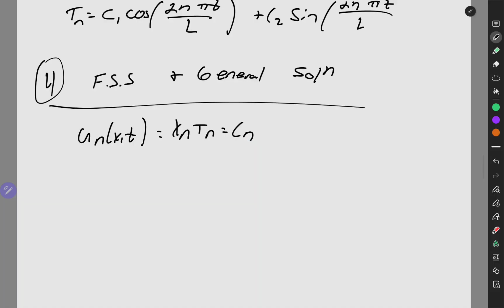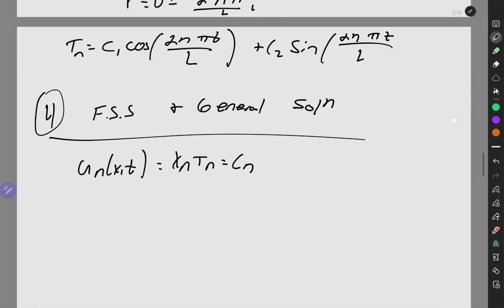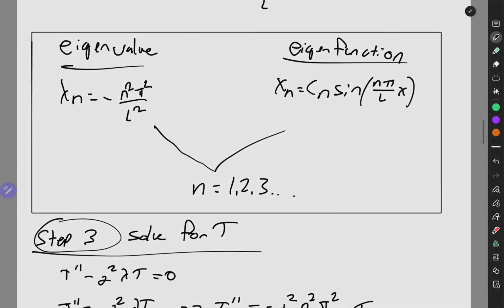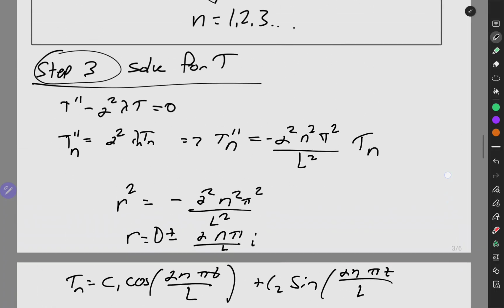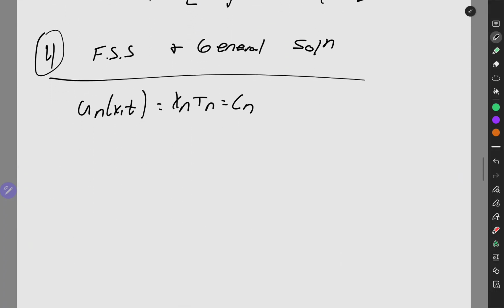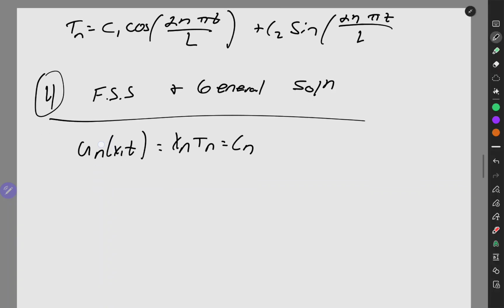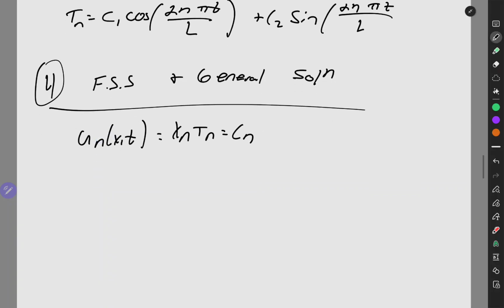Here's what I'm going to do. Since this is two components here, and you see how we have a sine and a cosine? And this one up here is a sine, and they're being multiplied together. What's going to happen is, let me write it out.